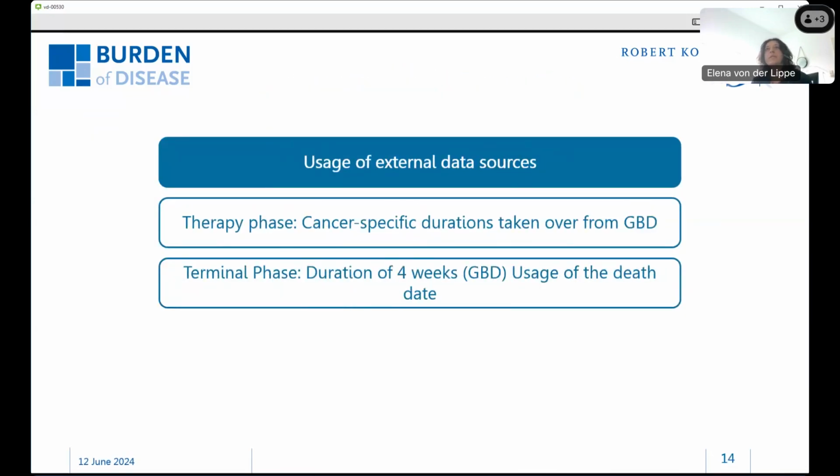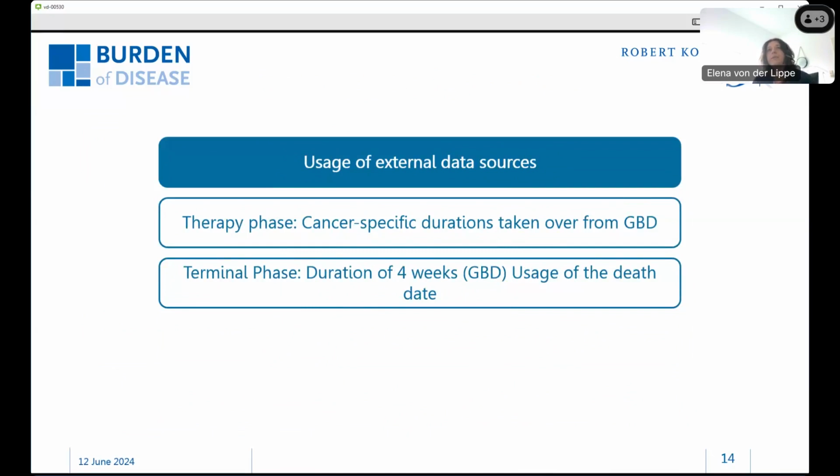There were 2 external data sources that we used for the duration of the phases. Namely, for the therapy phase, GBD has published cancer-specific durations, and we have taken them over. So we have assigned this duration to our patients.